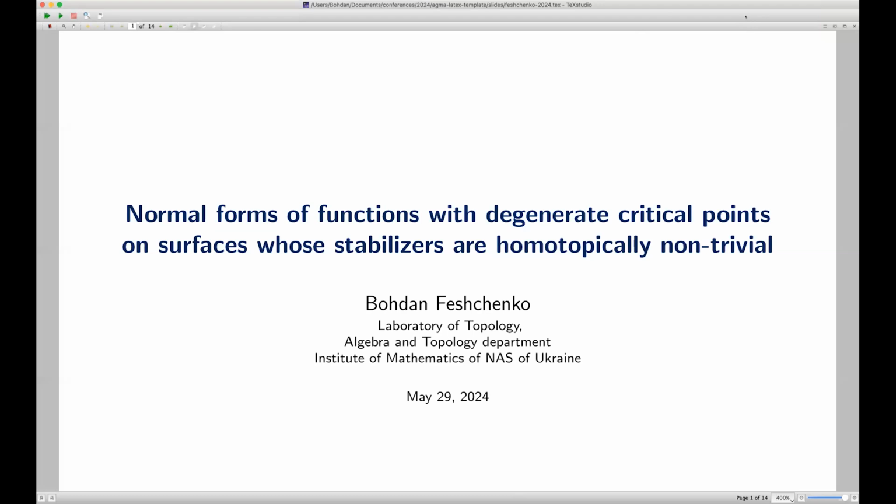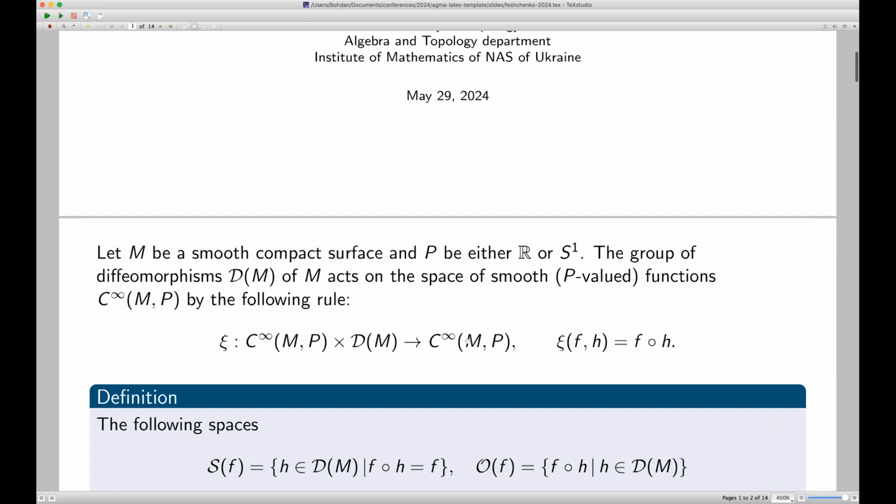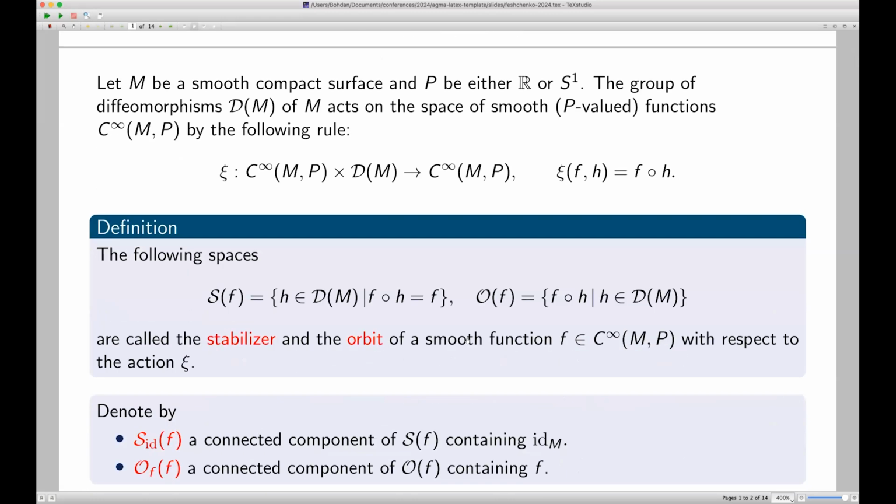Thank you very much. I will start with some definitions. We consider a smooth compact surface M, and P we can denote a line or a cycle.